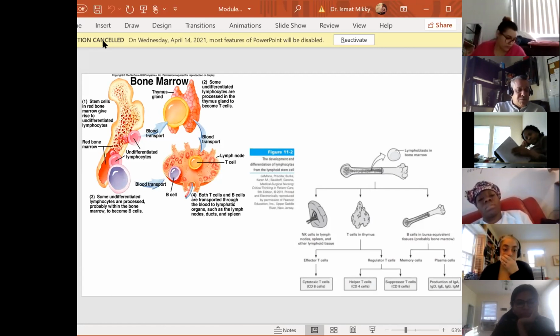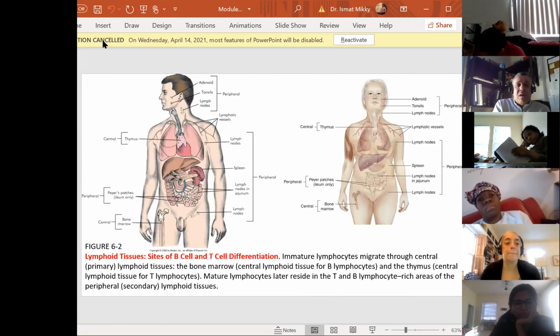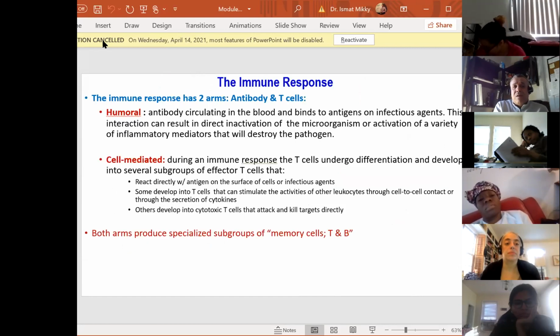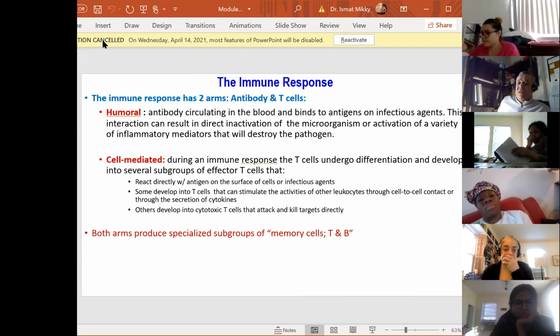They will produce the memory cells, and then they become effector T cells and B cells to elicit the immune response. Either the immune response would be humoral or cell-mediated.